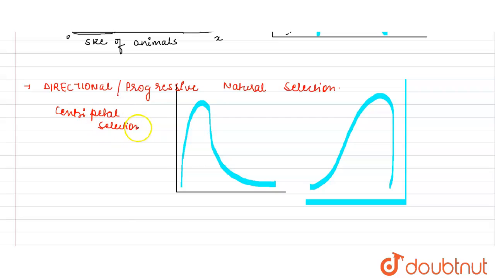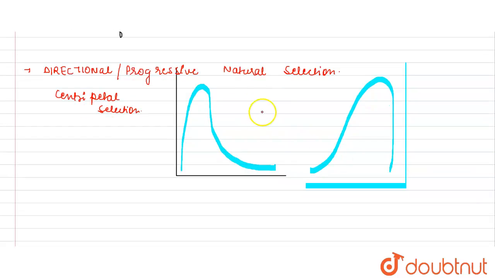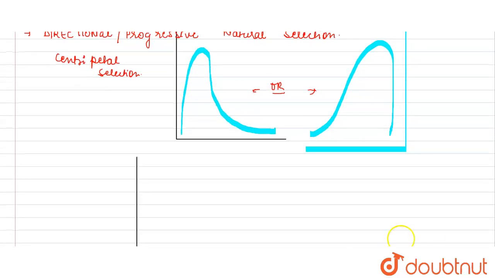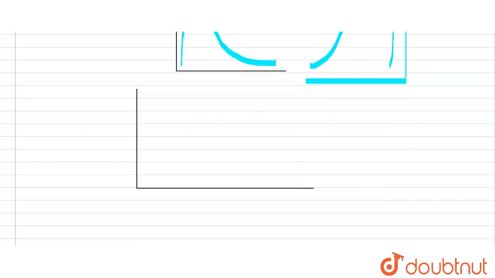Now there can be one more condition, that the graph can occupy both the peaks, that is it can occupy like this. Both extreme conditions are being occupied, that is a small size and a larger size also, rather than the medium one.